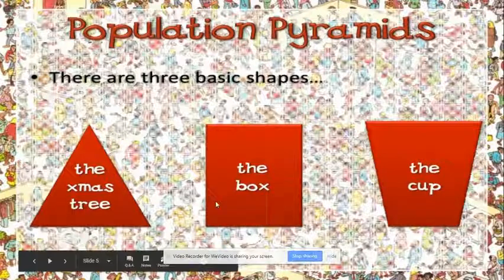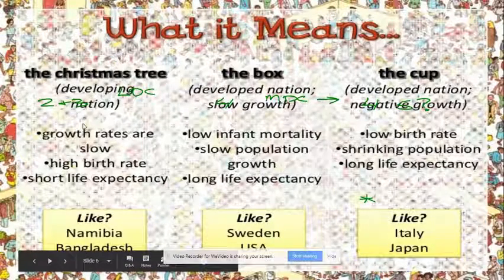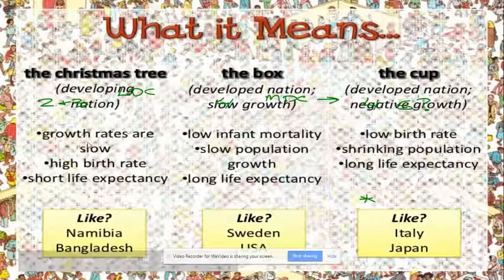There are 3 basic shapes to a population pyramid: the triangle, the box, and the cup. The triangle is considered a developing nation. Growth rates are slow. There's a high birth rate and a short life expectancy. So population isn't growing very quickly because people are dying at relatively young ages.